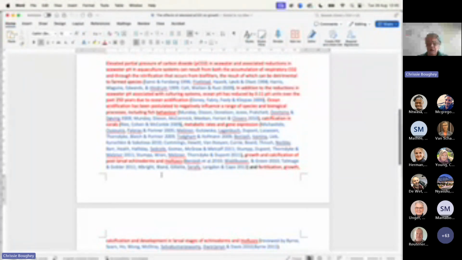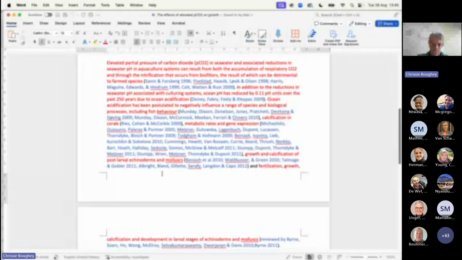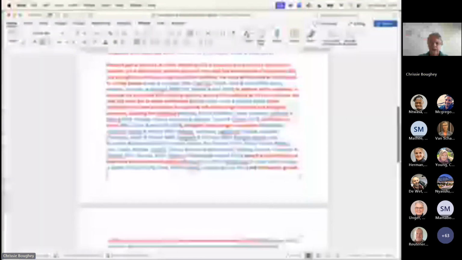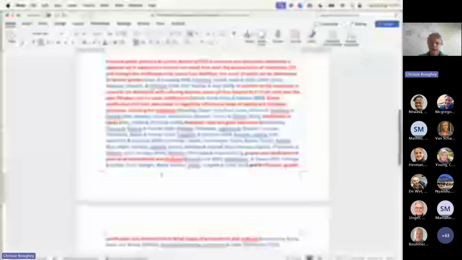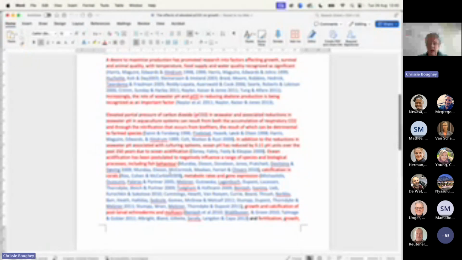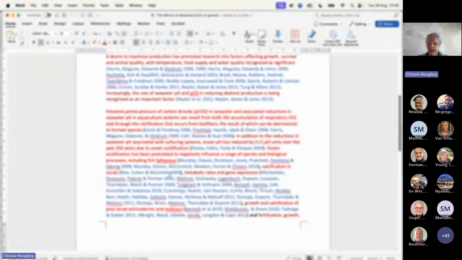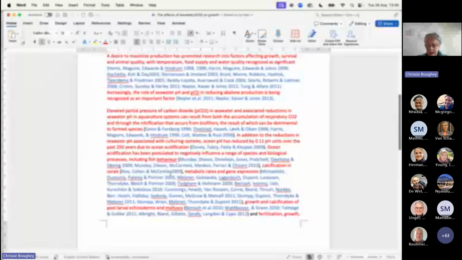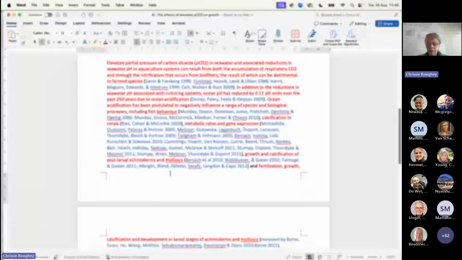And the man I was interviewing about this particular article said to me, oh, it's here, it's in this paragraph, this third paragraph, beginning elevated partial pressure. And he then proceeded to write an equation, a scientific equation, based on the third paragraph. He could see the theory in there.